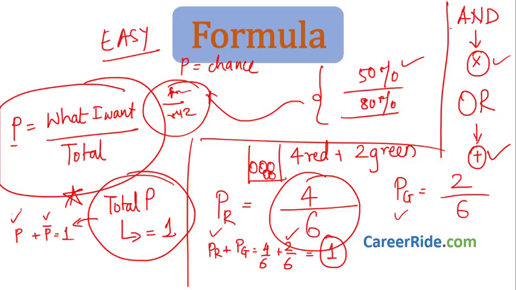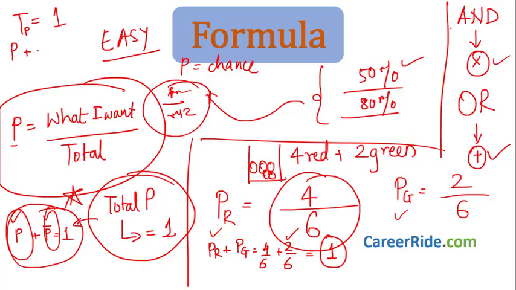So probability of selecting the red ball plus the probability of not selecting the red ball is 1. Just remember, total probability is always 1, and that is nothing but probability of an event happening plus probability of the event not happening, okay, P bar. It is expressed as P bar, or you can simply write it as not happening.